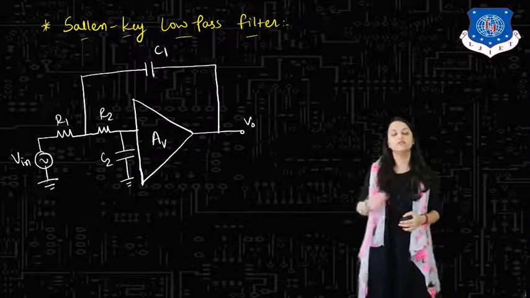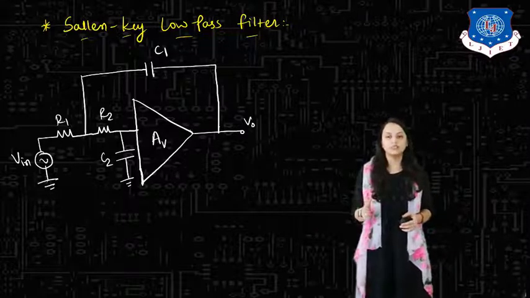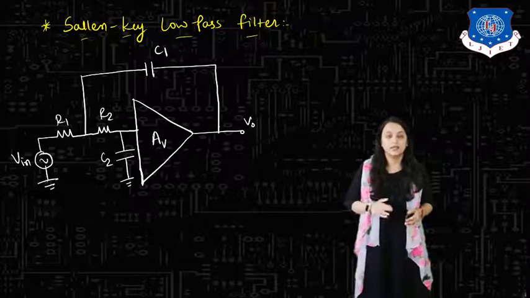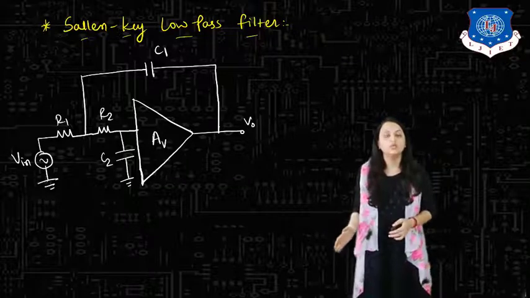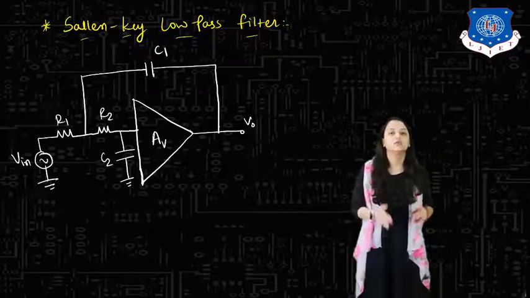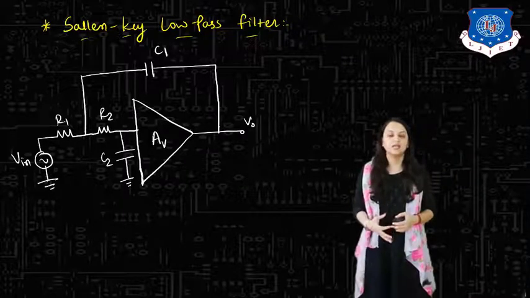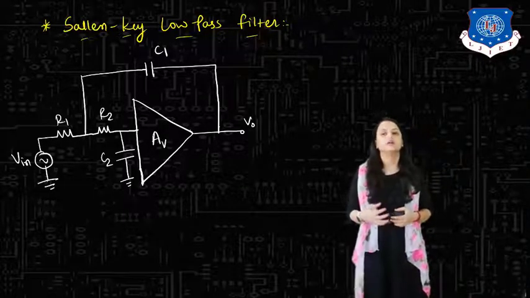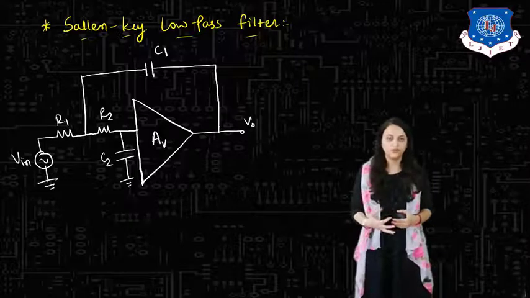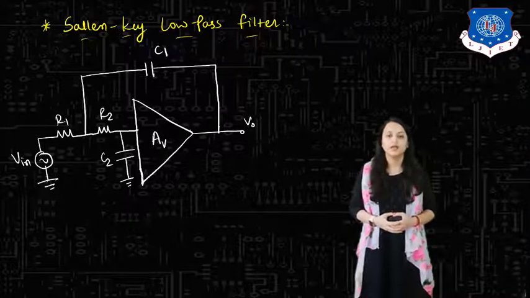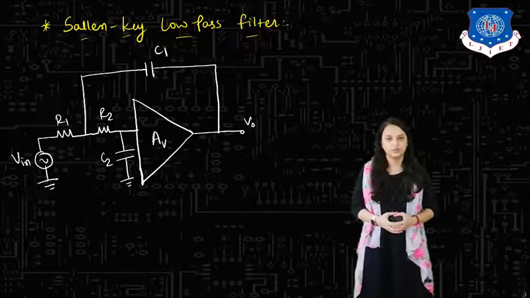That means we have used two resistors and two capacitors, with resistances directly connected to the source, to design the Sallen-Key low pass filter. Here AVF is the voltage gain or amplifier gain for the op amp used, and VO is the output voltage.